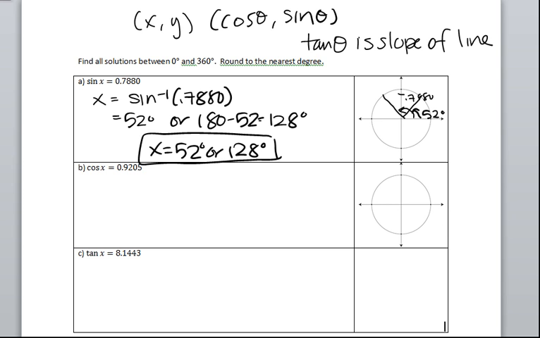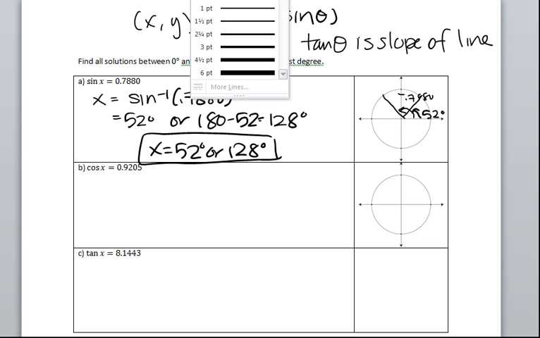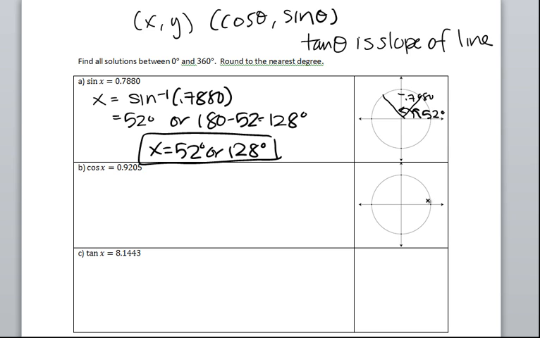So let's take a look at cosine. Remember that cosine is an x value. And what I'm trying to find here in part B is the angle whose cosine is 0.9205. And let me make this a little bit thinner so you can see a little bit better. So this is 0.9205 on the x-axis.